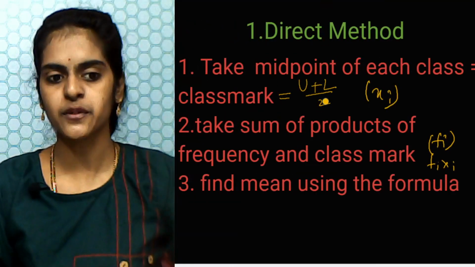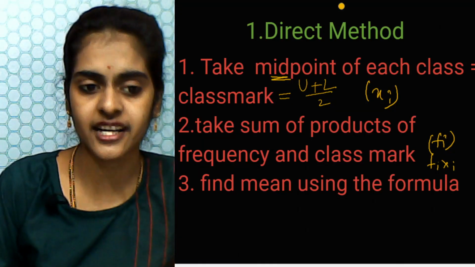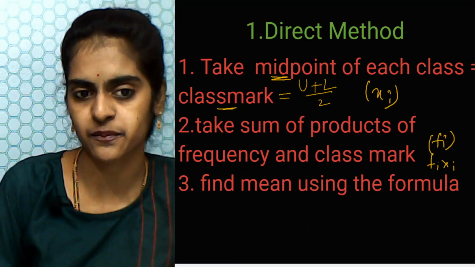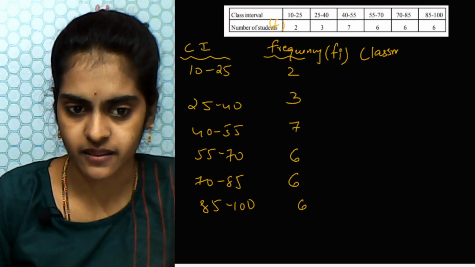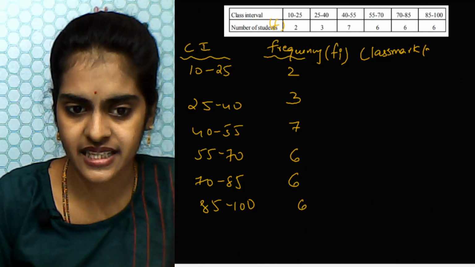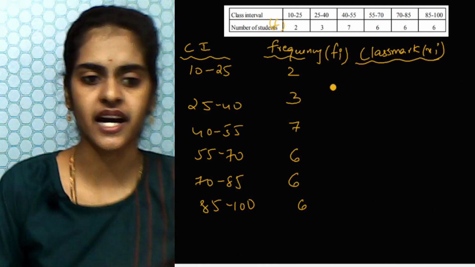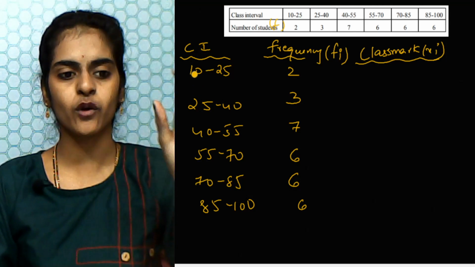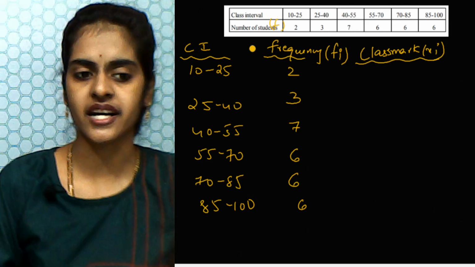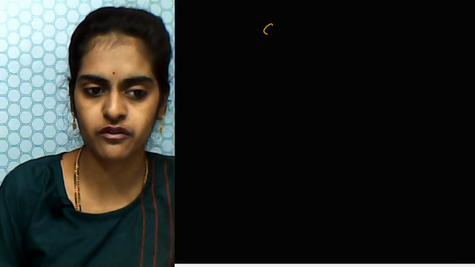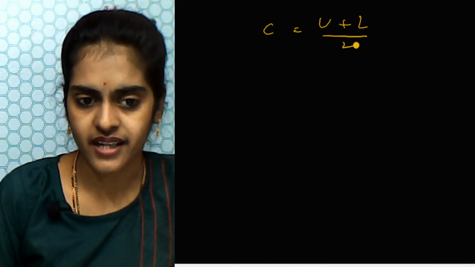Now in the next step you will find the midpoint of each class, which you are representing as the class mark, isn't it? So let us find the class mark. We represent the class mark by xi. So you will find the midpoint of 10 and 25. I told you the class mark is found by upper limit plus lower limit divided by 2.